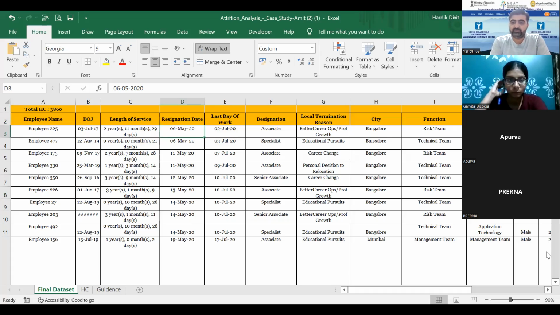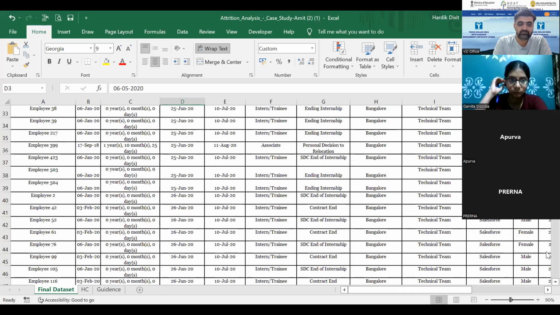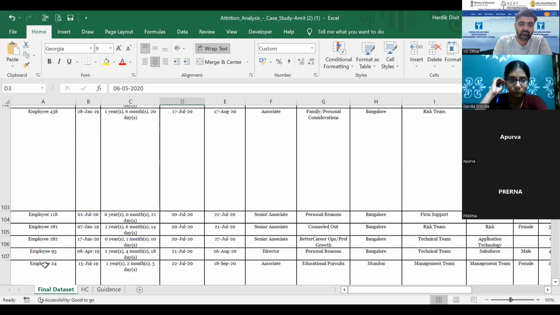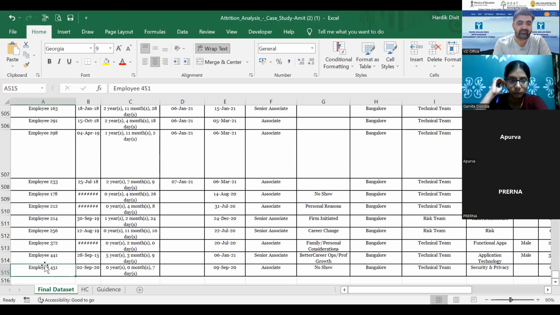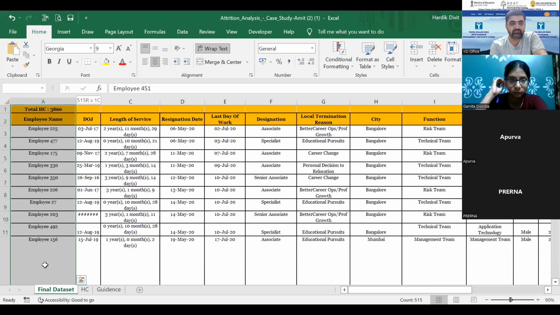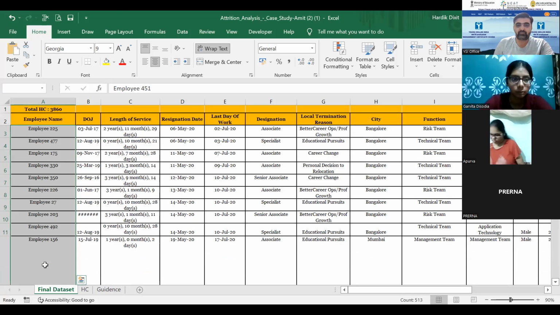If you scroll down, you'll get total number of employees left. Total 513 employees left so far. Okay. नंबर कितना था? 3860. कितने छोड़ के गए? 513. तो कितना परसेंट एट्रिशन हुआ?